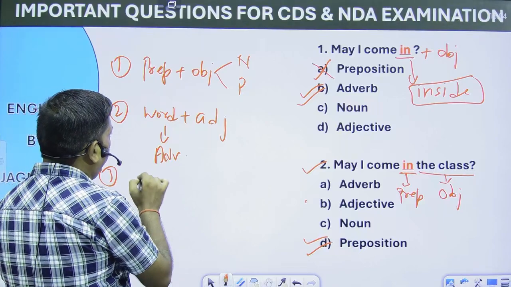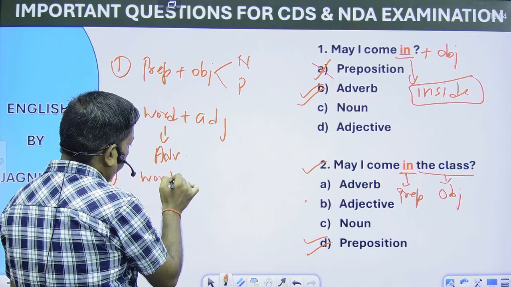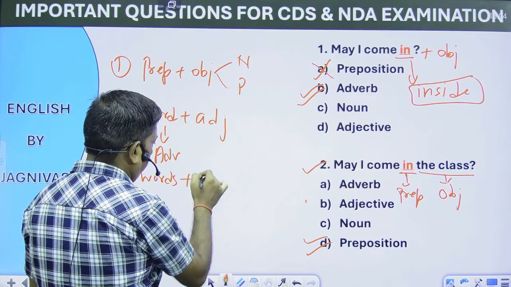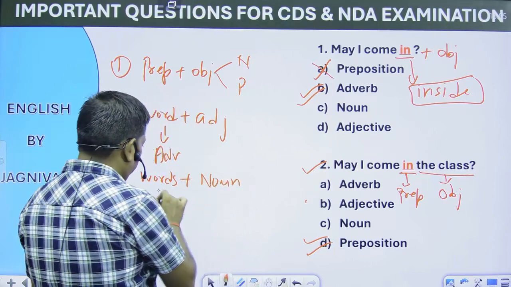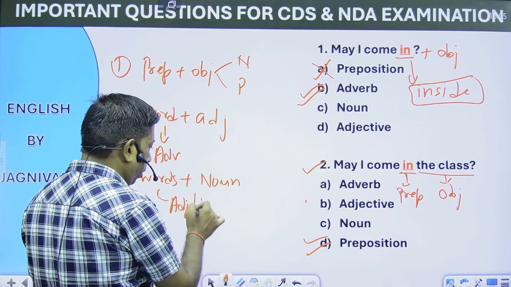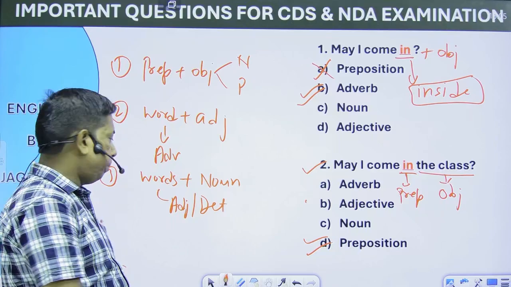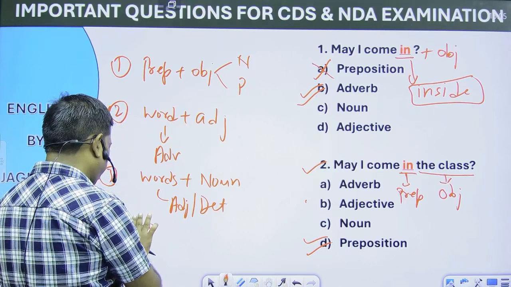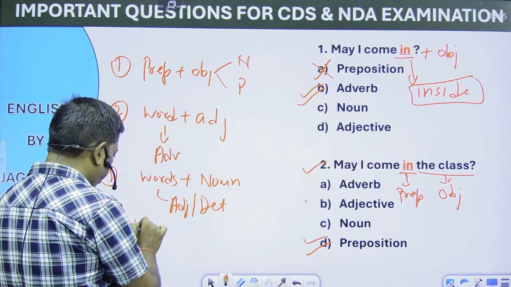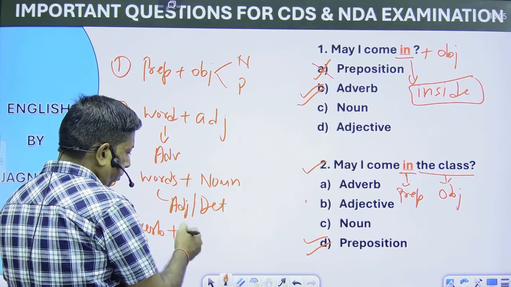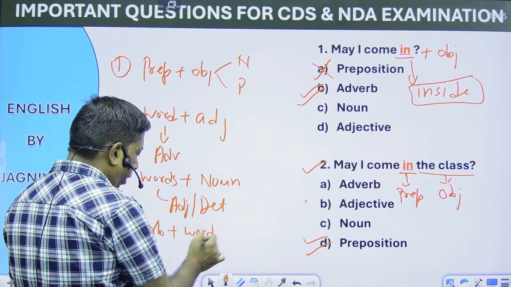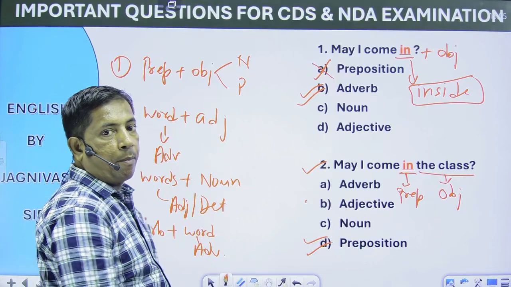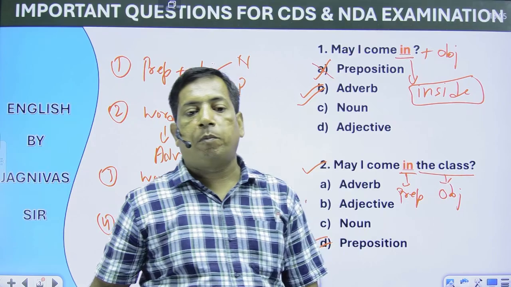Third point we have learned: words used before a noun are adjectives or determiners. Fourth, a word used with a verb becomes an adverb. These are not tricks, these are the basic concepts of English.